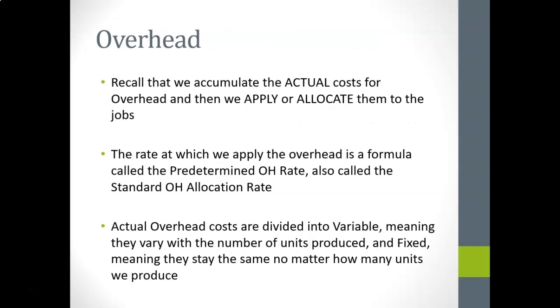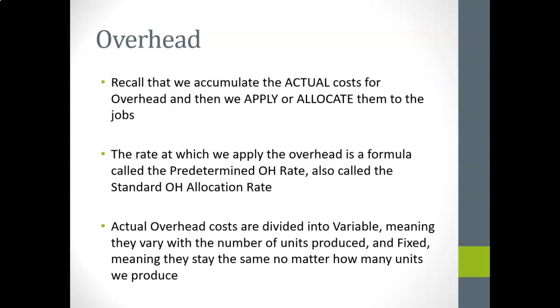Now let's remember some things about overhead that we studied before. Remember that we accumulate the actual cost for overhead, and then we apply or allocate those costs to the jobs based on a rate. And the rate that we apply is a formula, and the main one that we learned about is the predetermined overhead rate.